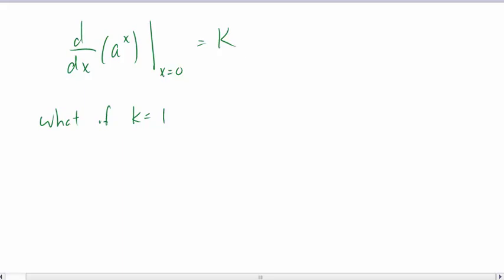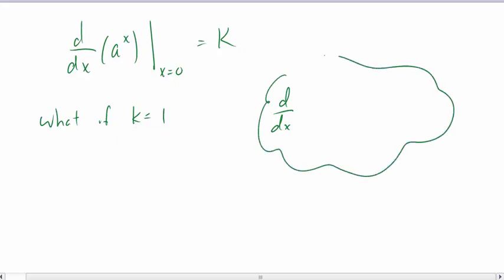So sort of what I'm thinking here is, what kind of value for a makes dy/dx of a to the x equal to 1 times a to the x? Because when we're evaluating at 0, the a to the x now becomes irrelevant.